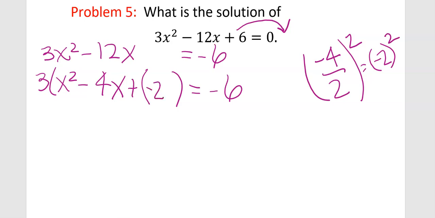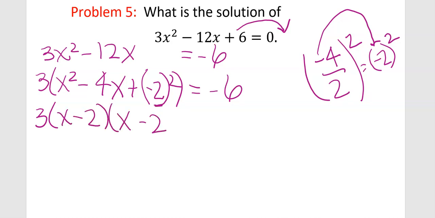Whatever sign it is does go in the parentheses like that. I leave it negative 2 squared. The book probably doesn't. The reason I leave it like that is because the next step then is kind of already spelled out for you. We need to factor it. This is my factor, sign and everything. So I'm going to go x minus 2, x minus 2.